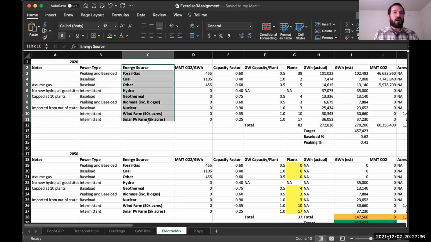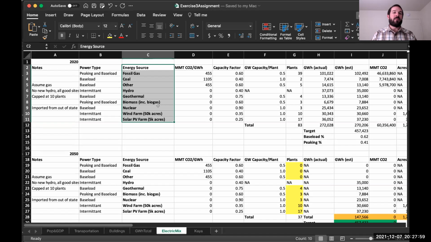Then we have our energy source, described here: fossil gas, natural gas, coal, some other source, hydro, geothermal, biomass, including biogas. This includes methane, or quote unquote natural gas, that has been generated from, say, a landfill or from digesting manure.